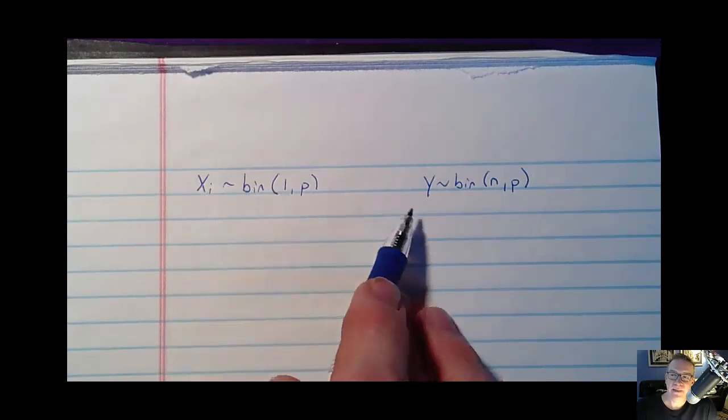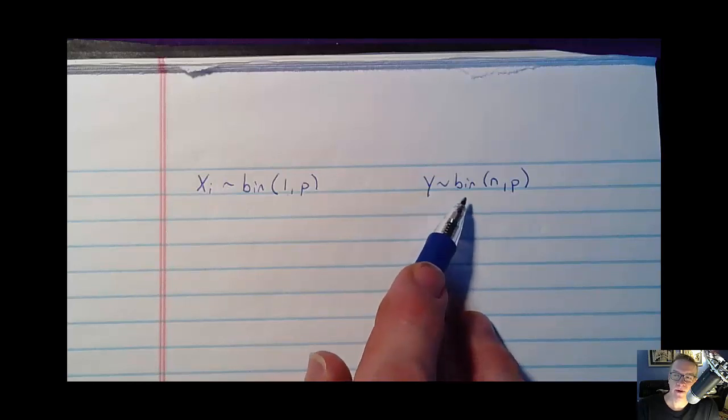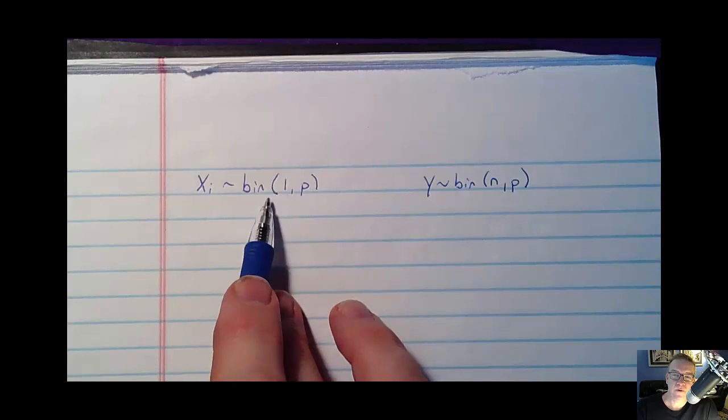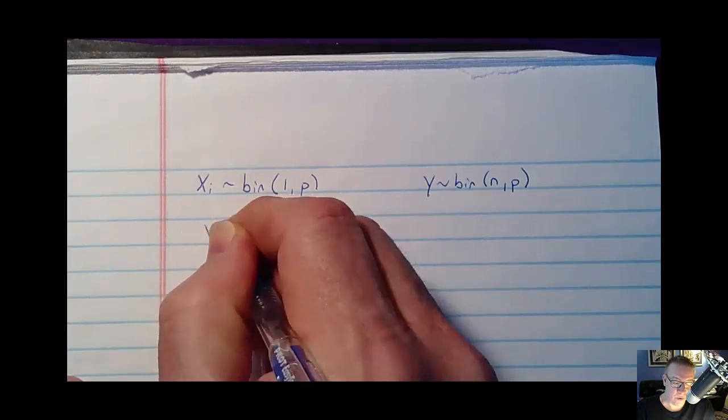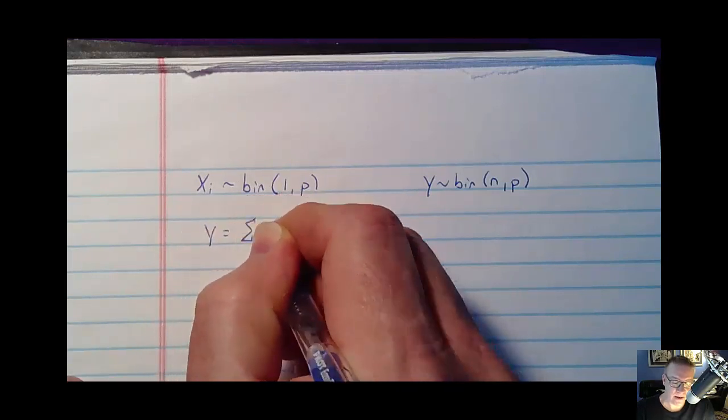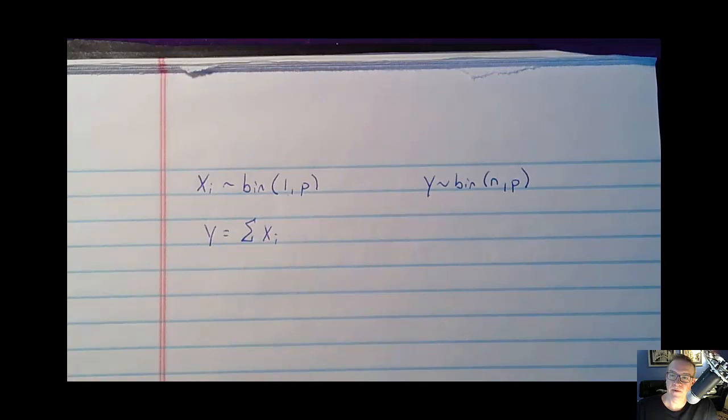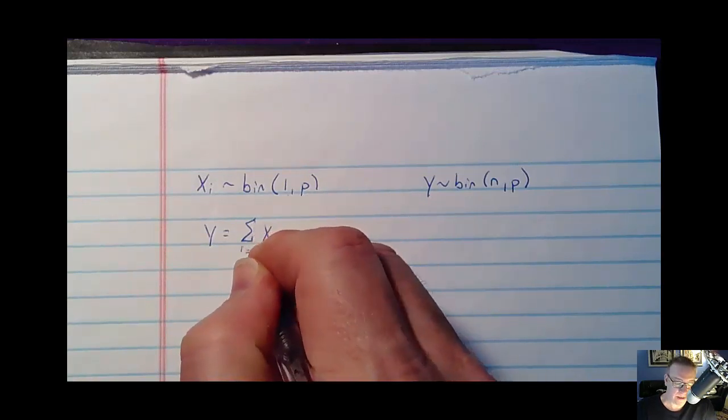It seems like this random variable, where we're counting up the number of heads that we get, would be just doing this one over and over and over again and summing up the results. And that's exactly what turns out to be true. Y is the sum of these types of random variables, and the i here goes from 1 to n.